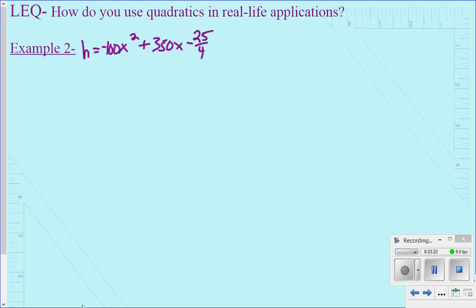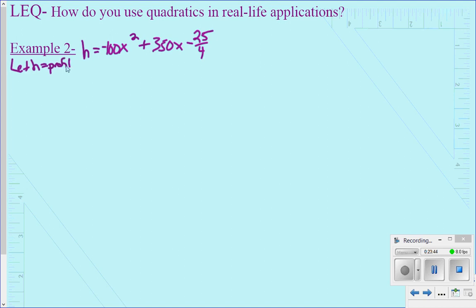That's the equation. And it says that it models the bakery's profits in dollars. So when I read that in class, I stopped and said, okay, well, what do you think that means? That means that H represents the profit. Okay, so basically they're defining H as the profit.